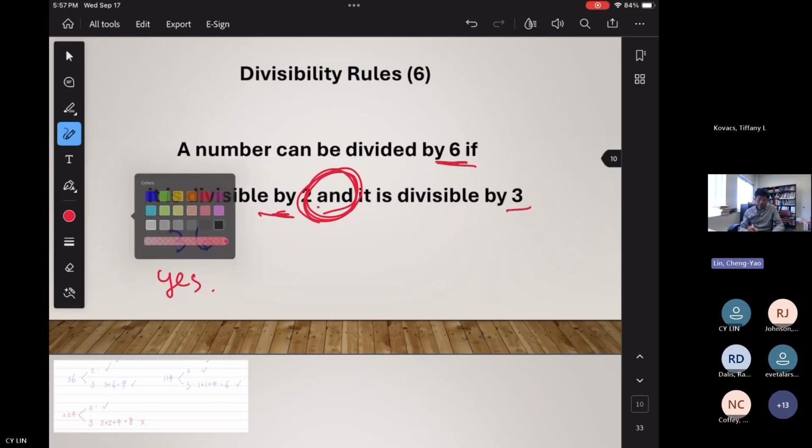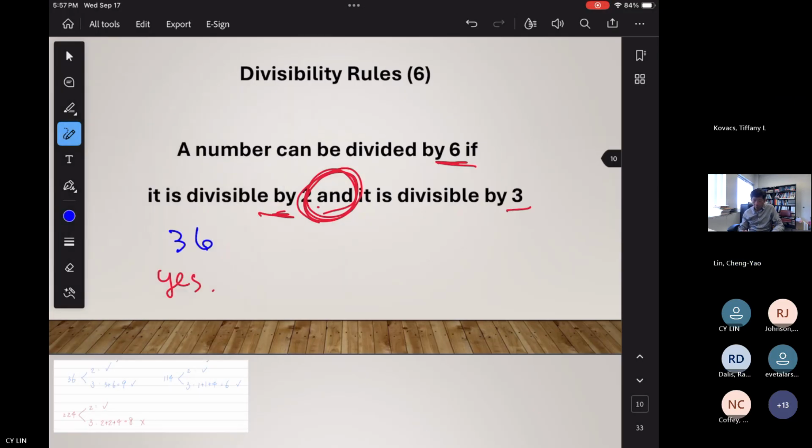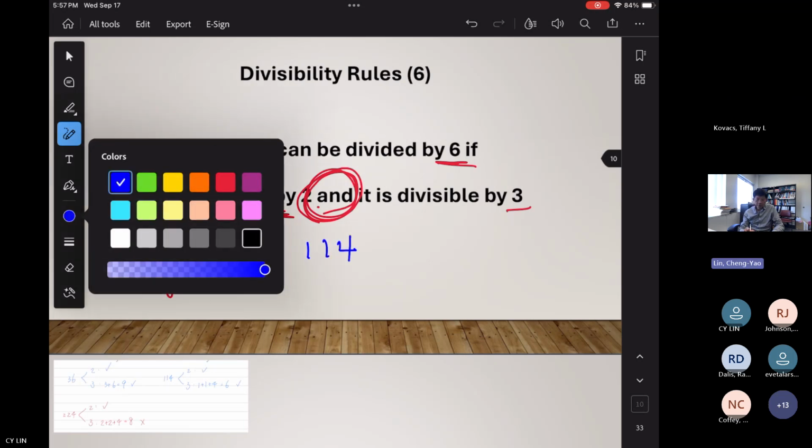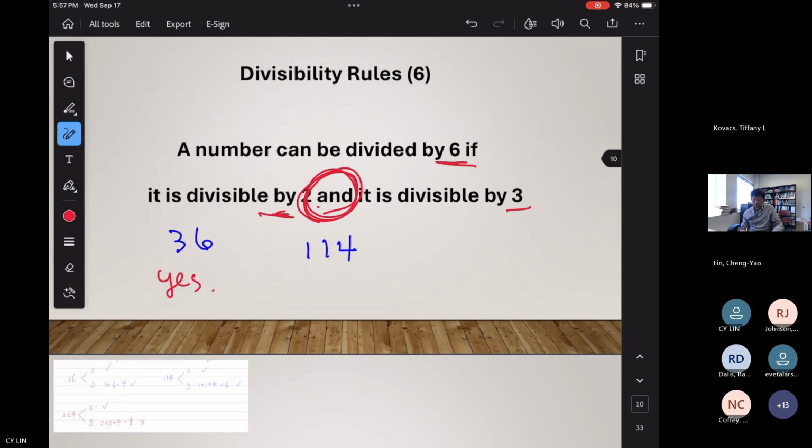All right, what about 114? Yes or no? Is it divisible by 2? Yes. It's also divisible by 3. Both can divide, right?